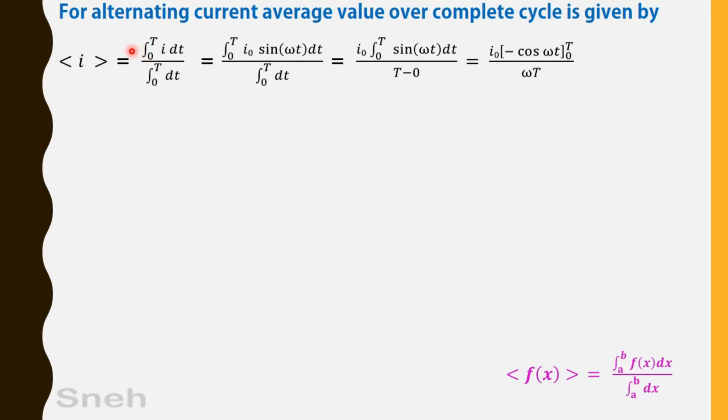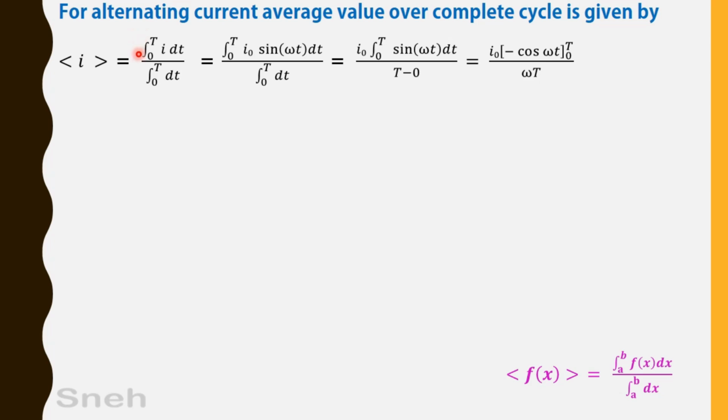Now why am I taking limits of integration here from 0 to T? Because when we talk about a complete cycle, for that complete cycle the time duration is the time period, and due to that we are taking it from 0 to T. How the time duration for a complete cycle is capital T, we have studied earlier, so we are familiar with that.